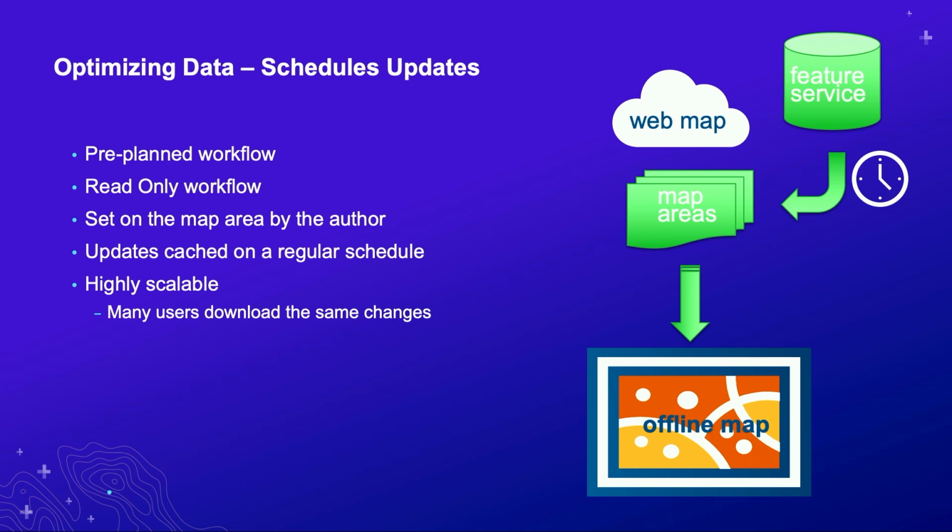And we've got a number of customers in the utility space which are using this very workflow, and they're supporting workforces of over 10,000 users going offline on a daily basis, where the most important thing that they need on their truck before they leave the depot is to have the most current map available.